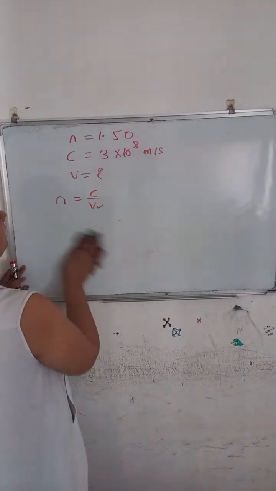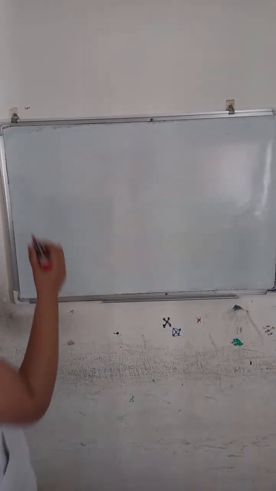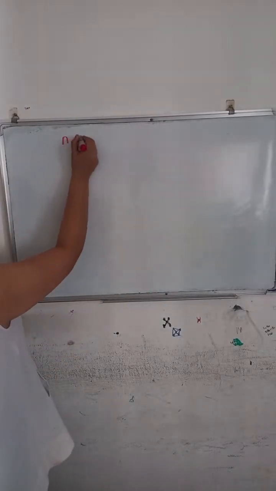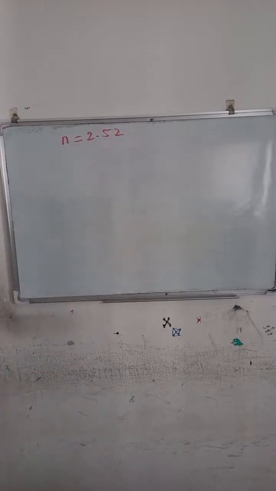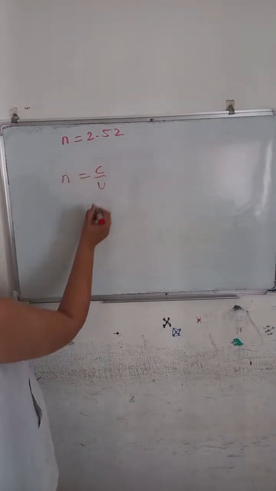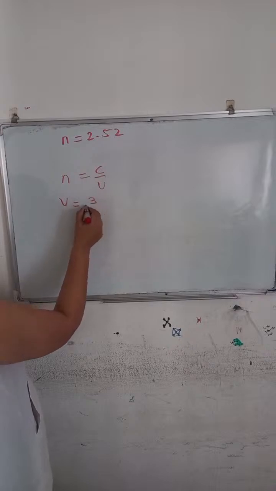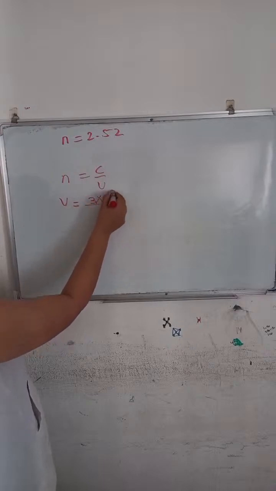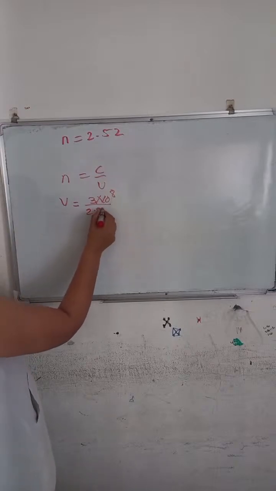Okay, so here the refractive index of the diamond is given as 2.42, and just now we did n is equal to C by V. So here V is nothing but C by n. We can take C as 3 into 10 raised to 8, by default the velocity of light in air, and here n is 2.42.